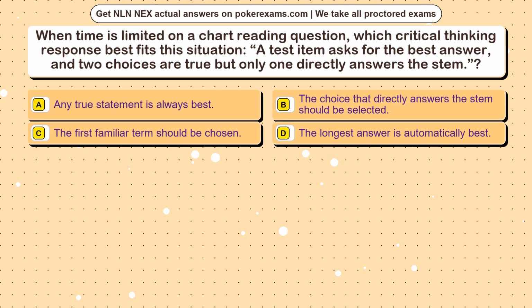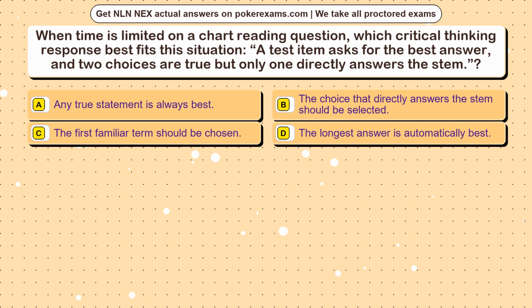Question 5. When time is limited on a chart reading question, which critical thinking response best fits this situation? A test item asks for the best answer, and two choices are true but only one directly answers the stem. Option A. Any true statement is always best. Option B. The choice that directly answers the stem should be selected. Option C. The first familiar term should be chosen.